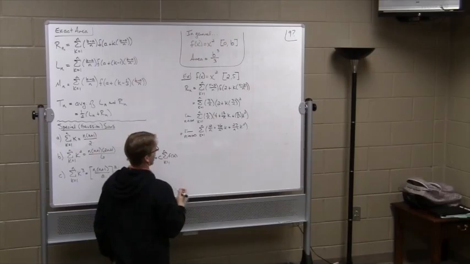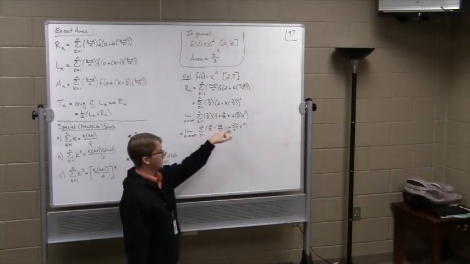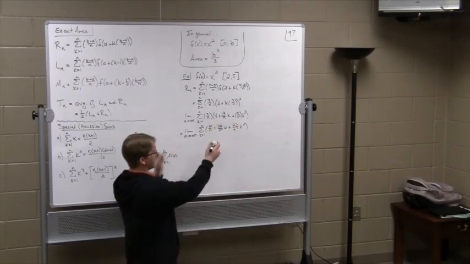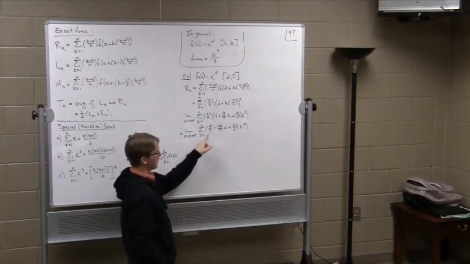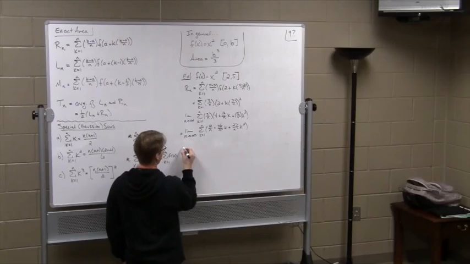By the way, the sum of 3 things is 3 things summed, so you can actually split this into 3 different summations and do each one individually. All right, here we go.